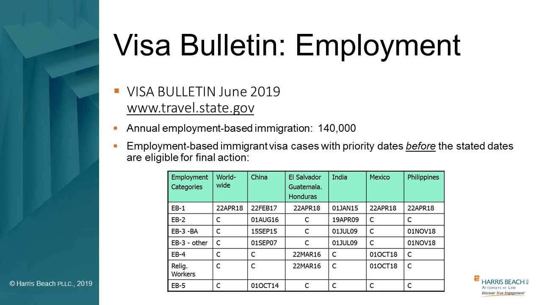So, for example, in May of 2019, and we're showing June's visa bulletin here, for EB1 India, the cutoff date was something like February of 2017. And now all of a sudden in June, because they got a lot of demand, in order to balance things out, the date went back over 2 years to January of 2015.